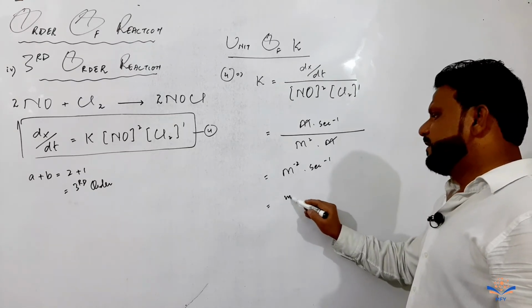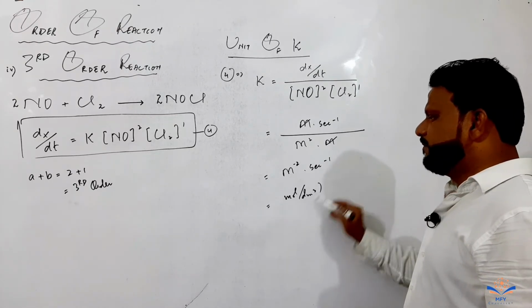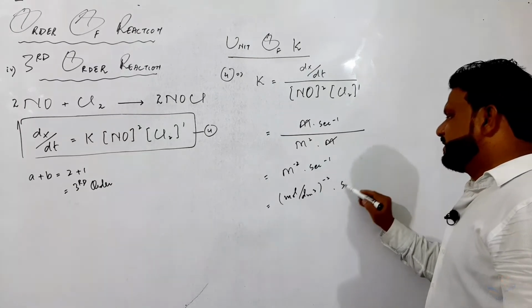It will become mole per dm cube to the power minus 2, second inverse.